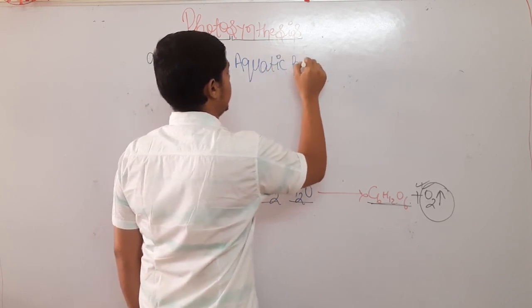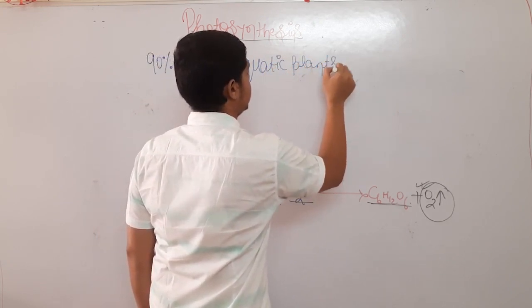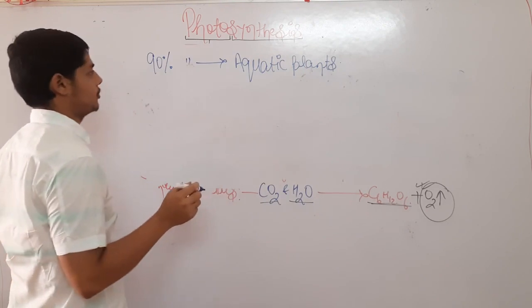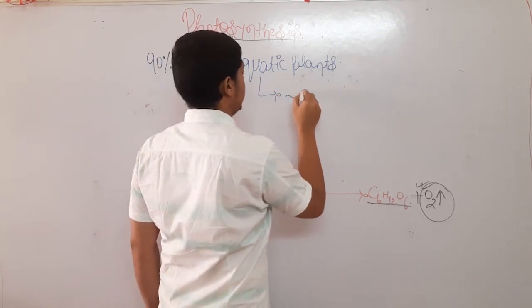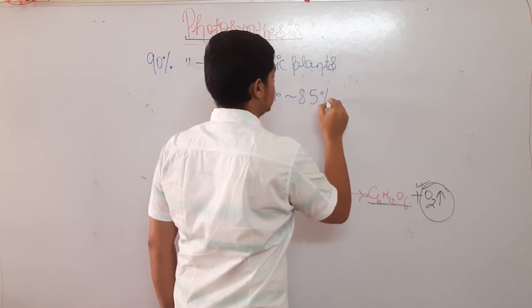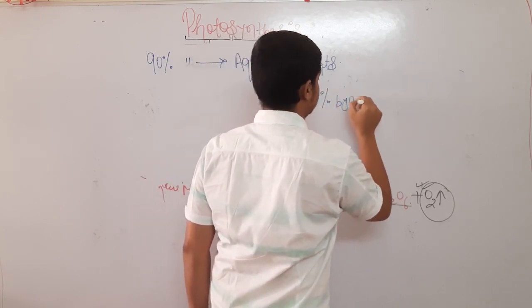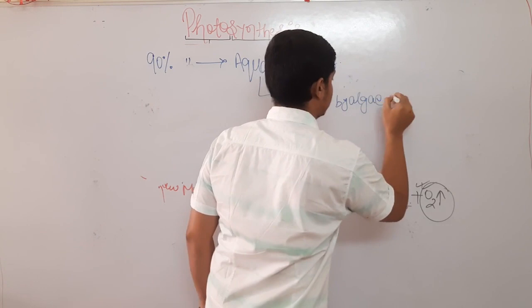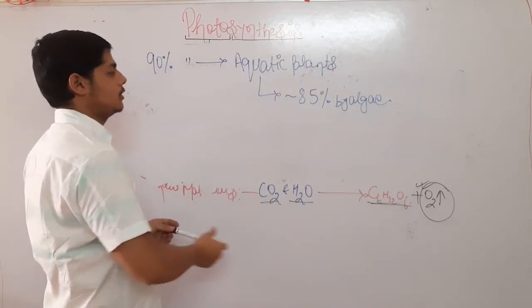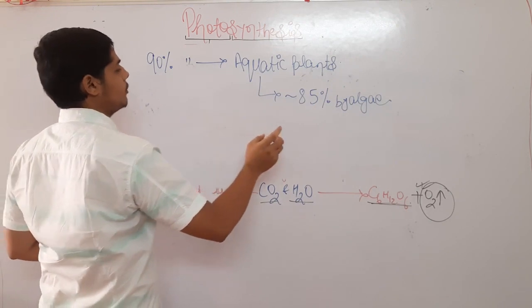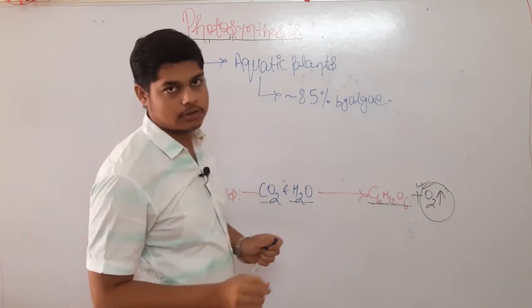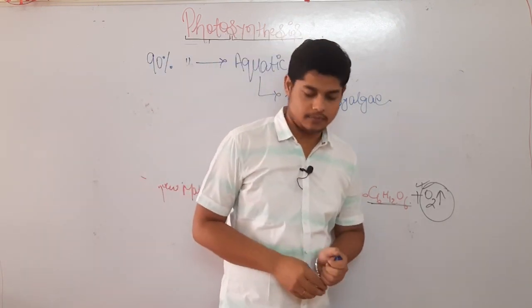And among aquatic plants, approximately 85% is by algae alone. That is, algae is responsible for 85% of the photosynthesis on this entire earth.